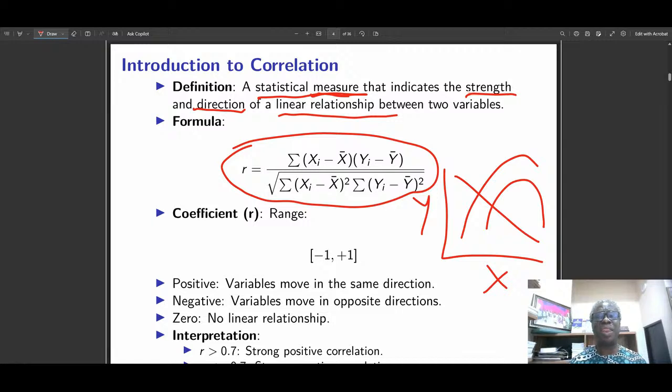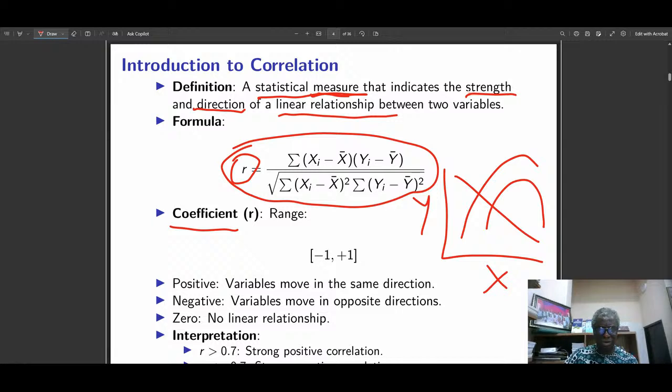So when you compute the R, which is the correlation coefficient, we call it the correlation coefficient. It was actually developed by Pearson, so we call it Pearson correlation coefficient.